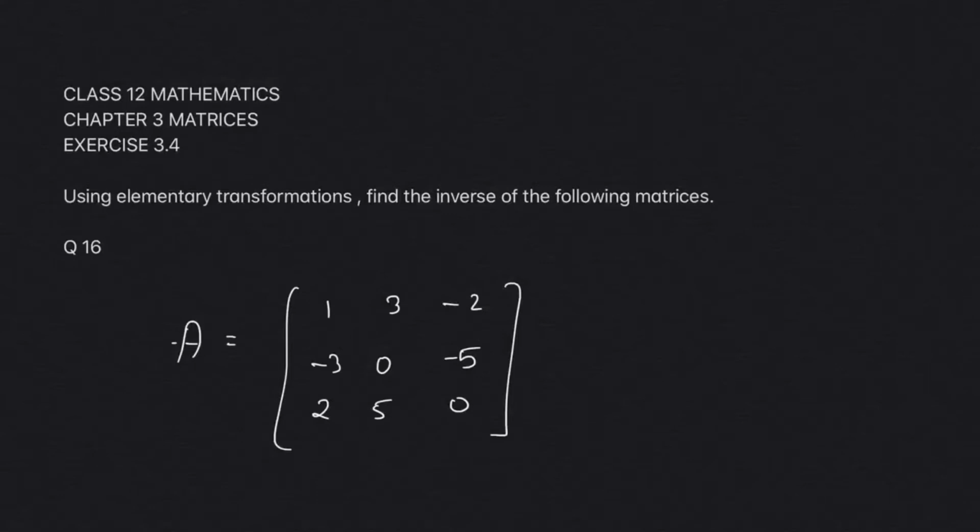Then we have moved on to 2 by 2 matrices, and now we are going to do this video where we will focus on finding the inverse of a 3 by 3 matrix.